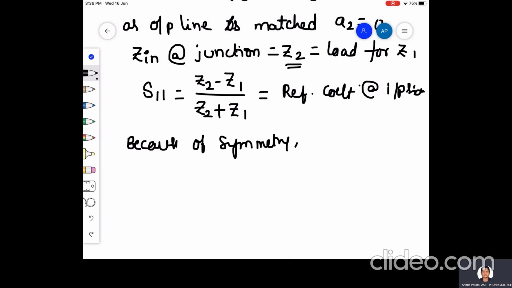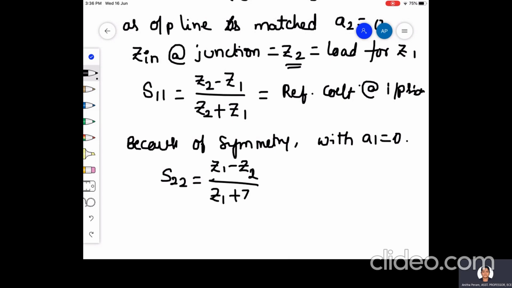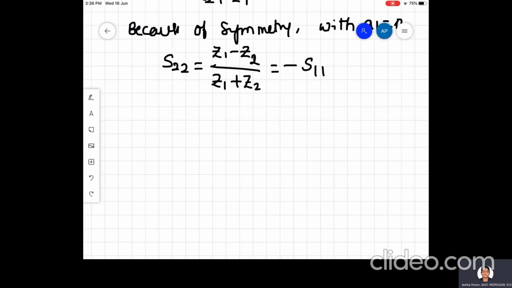Assuming the input side is matched, with the assumption A1 equals 0, you can determine S22, where the load becomes Z1, so S22 is Z1 minus Z2 by Z1 plus Z2. If you compare with S11, it is the inverse, that means minus of S11. So S11 and S22 we have determined.